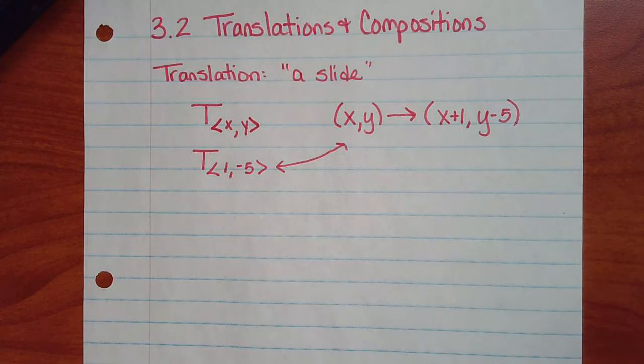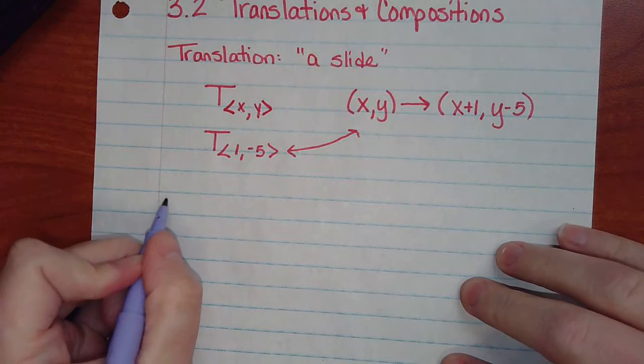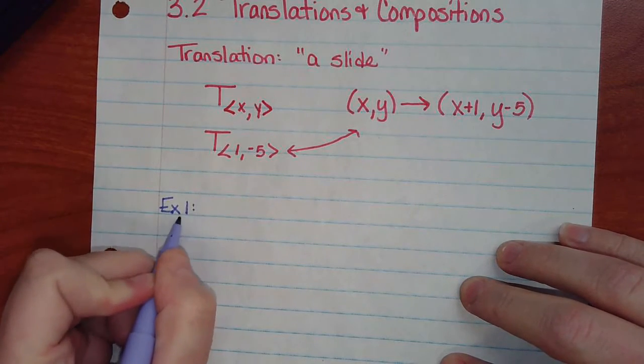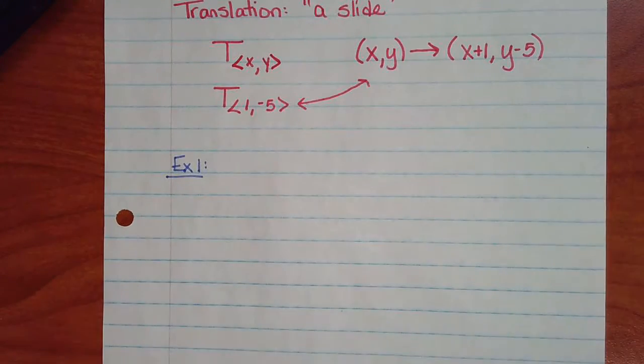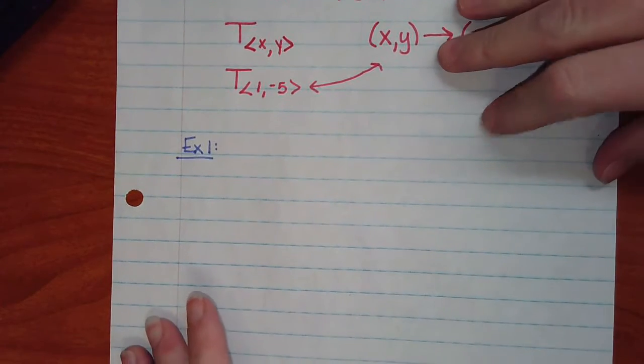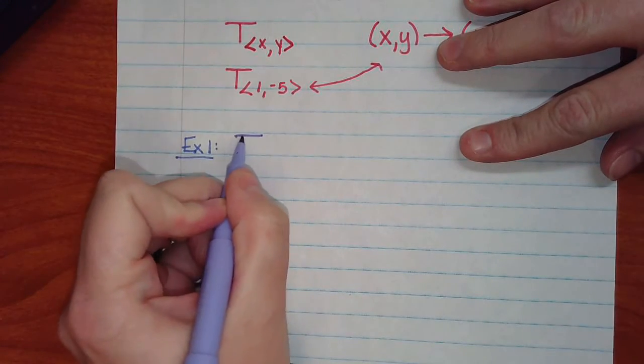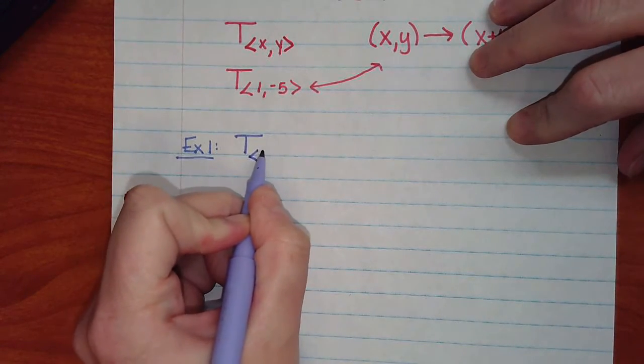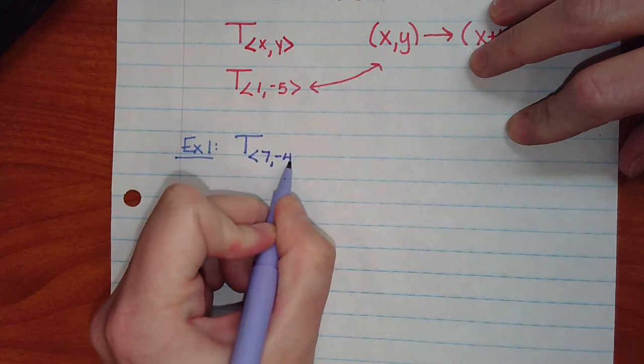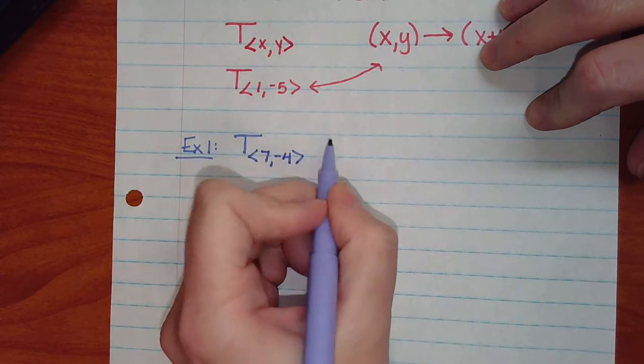But if you have the note packet, this is going to be example 1. The first example that we're going to walk through. In your note packet, it would have a graph. We're not graphing, but what I want you to do is translate with the vector 7, -4, triangle EFG.